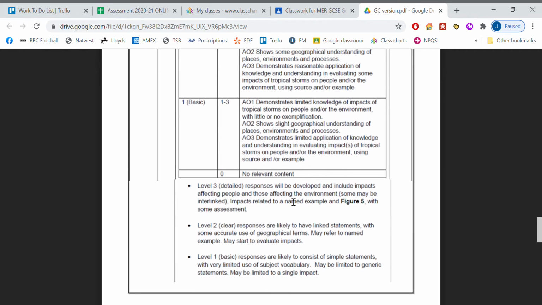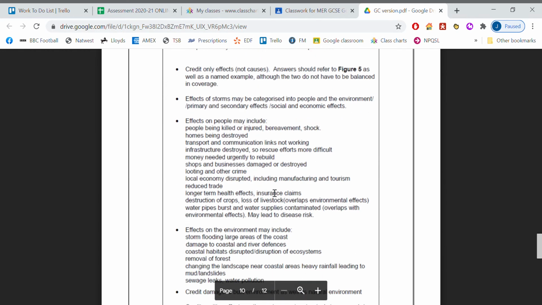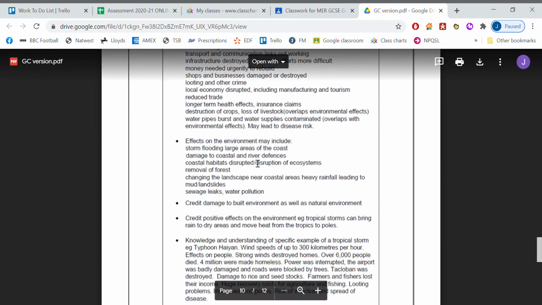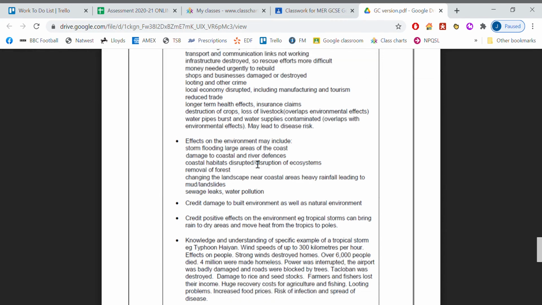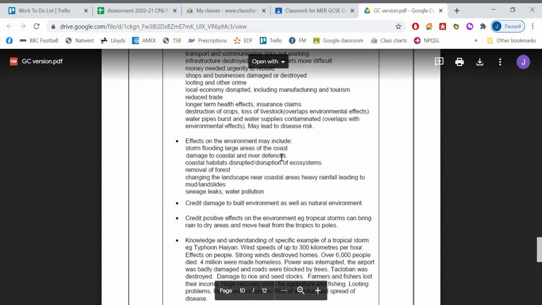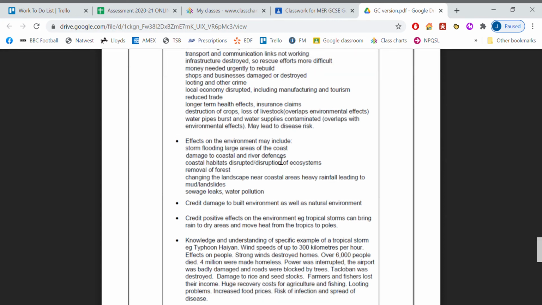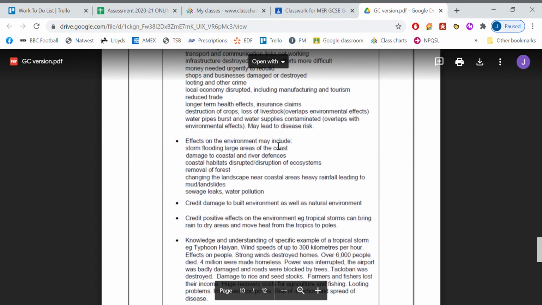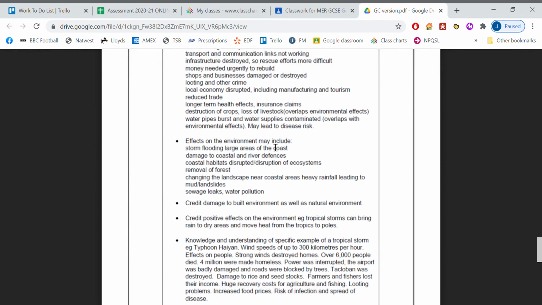Okay. There's some indicative content on effects. Be careful, don't just copy these. Some people used the mark scheme when they were completing the work, and they ended up copying these out. These are useless on their own. They need explanation with them, and they need to link to the question. So for example, if you said effects on the environment include storms flooding large areas, if you just listed it, well, to what extent?